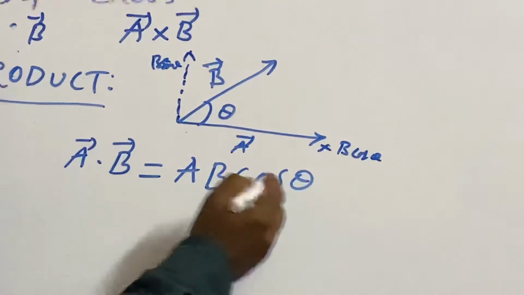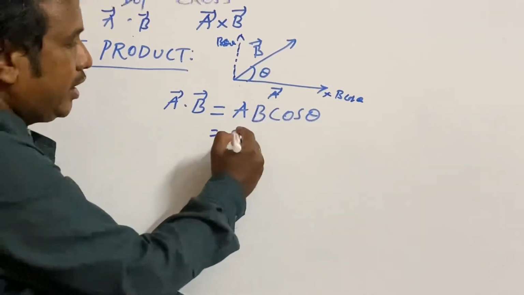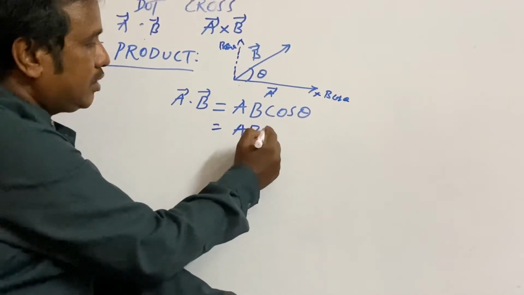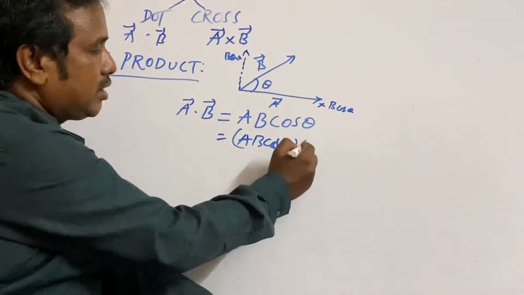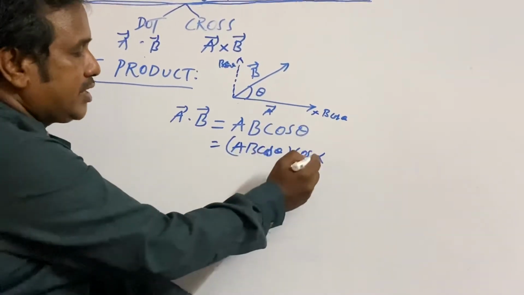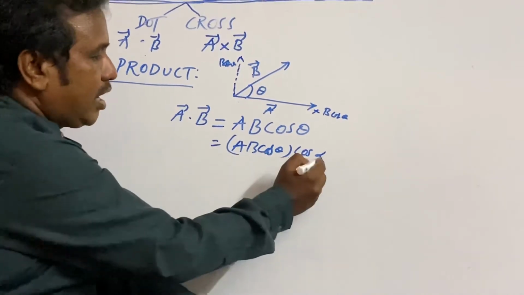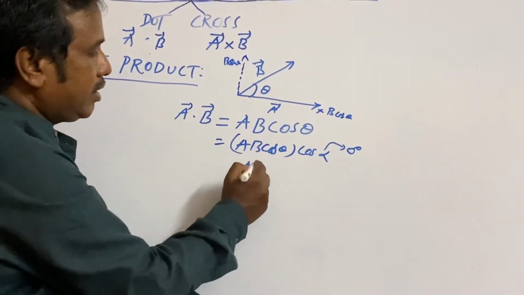Now, how you are getting this, we will see. Along the x-axis, you have to take A and B cos theta. The angle between these two is, let us suppose, alpha, which will be 0. When alpha is 0 degrees, cos 0 is 1, so you will get AB cos theta.